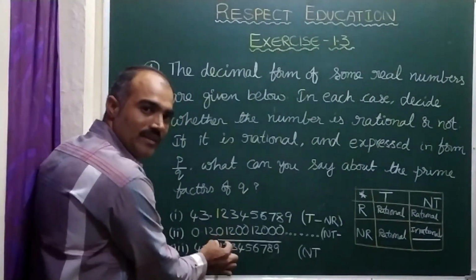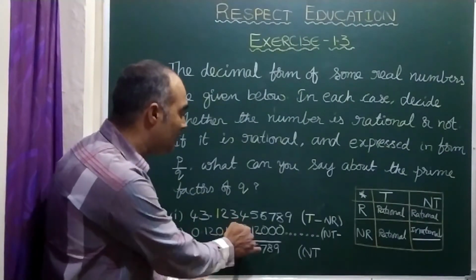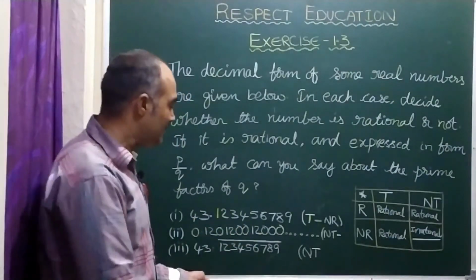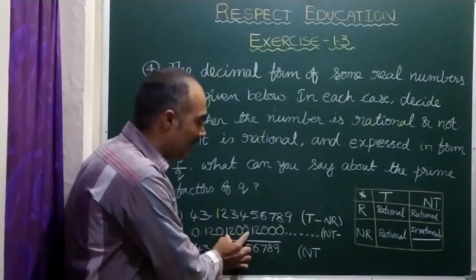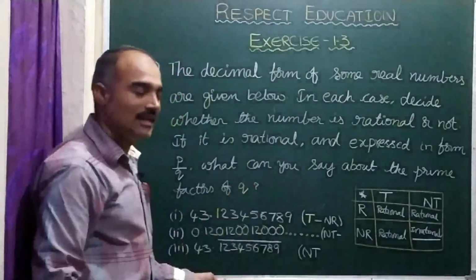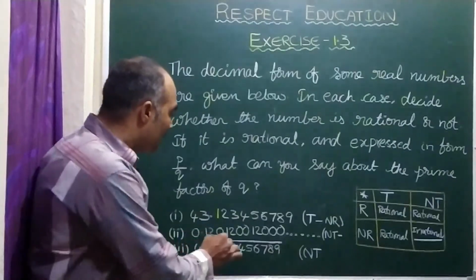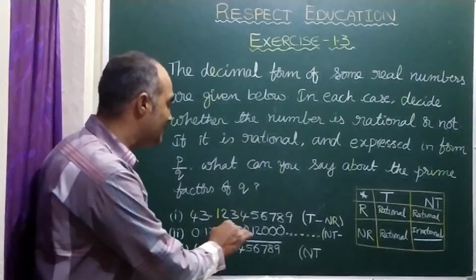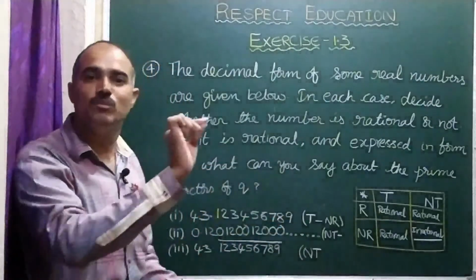2, 0. Again 1, 2, 0, and one more 0 comes, which means 1, 2, 0 exactly did not come there, right? Again 1, 2, 0, 0 is there, but again one more 0 is there. Here no number is getting repeated. Repeating means it should give us a chance to put a bar.